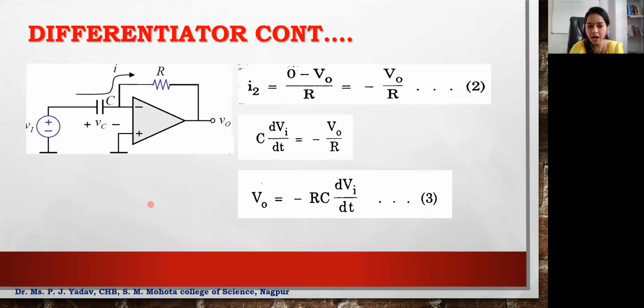This is how we give the input to the inverting terminal. That's why at the output, you will have a phase shift of 180 degrees. That's why we have minus RC dVi by dt. So is this equation very clear to you? This is the op-amp in inverting mode, the application of op-amp as a differentiator.